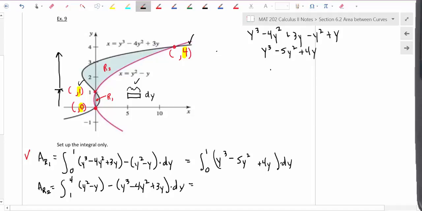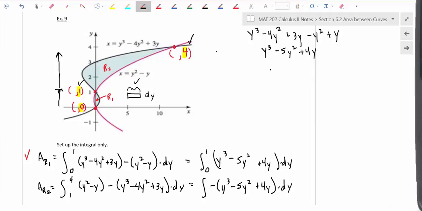And now notice, since we subtracted this backwards, all that's going to happen on this is when we simplify this expression, we're just going to have negative y cubed minus 5y squared plus 4y dy. You can crunch out the details to verify that, and then you can bring that negative out, and that will help a little bit with the antiderivative.